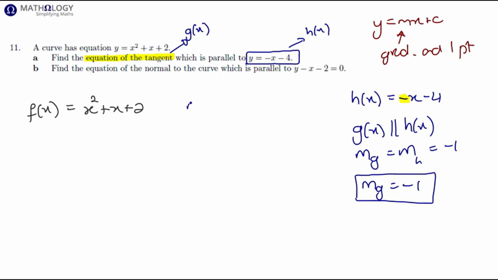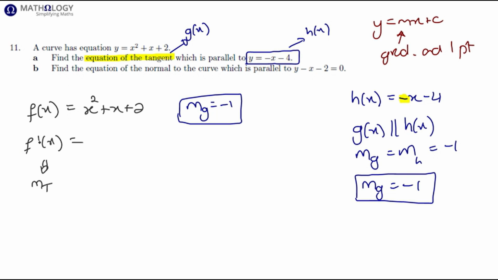So we have that the gradient of g is -1, but we don't have a point of contact, and to find the equation of a straight line we need the point of contact as well. We are given a curve, f of x equals x squared plus x plus 2. Differentiating this function, finding f prime x, gives us the gradient of a tangent to the curve.